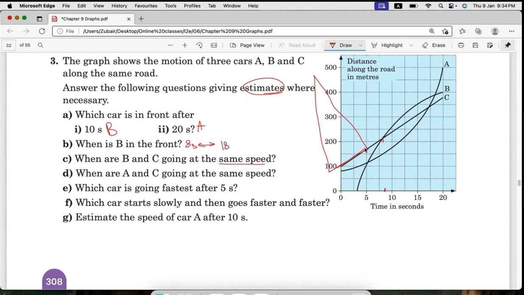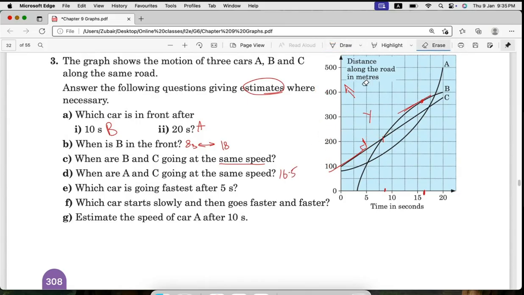You see this, and this is 90 degrees. I'll place a set square and then another set square this way. Now let's say this is X and this is Y. I will slide Y upwards while it keeps touching this. And at a certain point where it will be tangent, I will label that time when the gradient of C and B is equal. So probably let me say 16.5 for now.